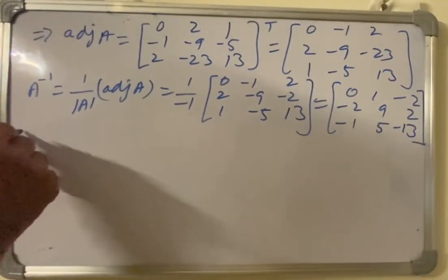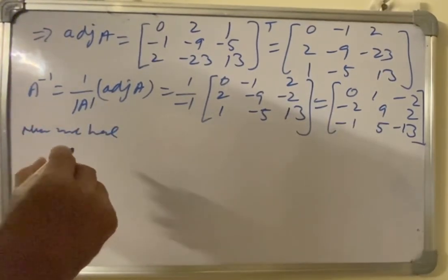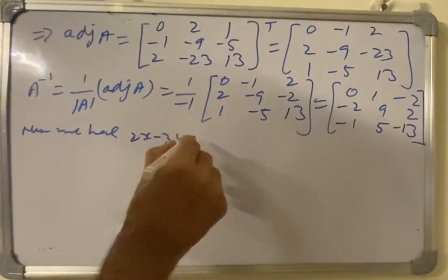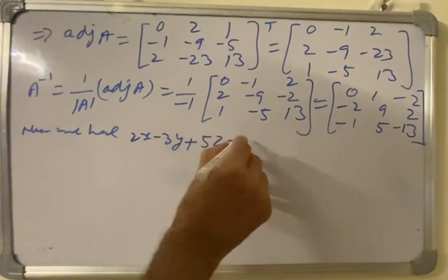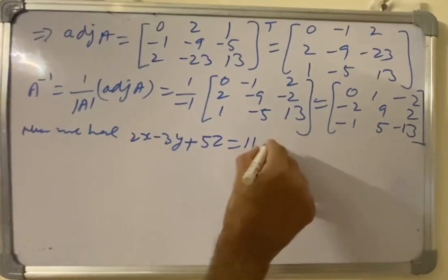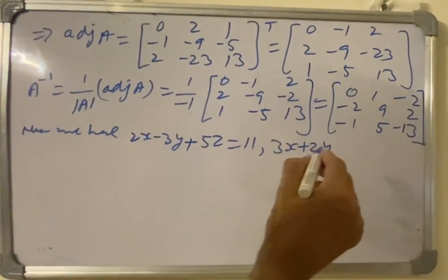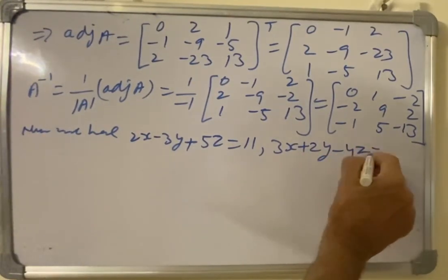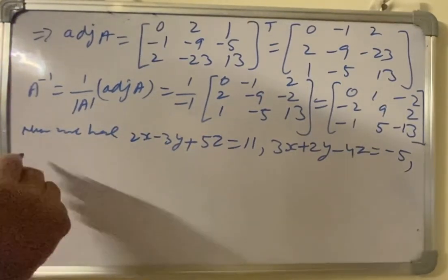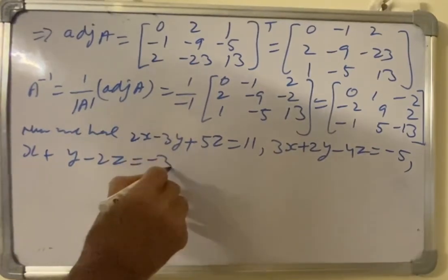Now we have 2x minus 3y plus 5z is 11. Then 3x plus 2y minus 4z is equal to minus 5. Then x plus y minus 2z is equal to minus 3.